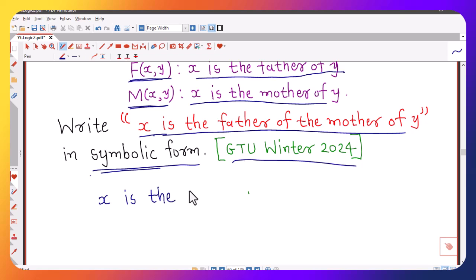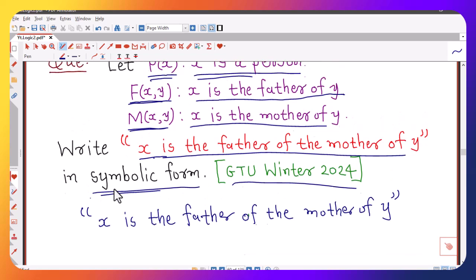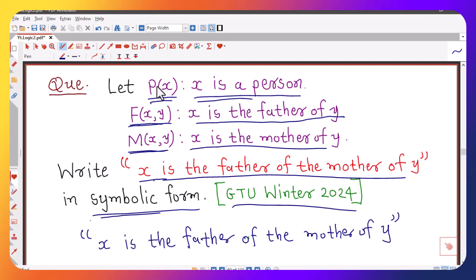We are given that x is the father of the mother of y. We have to write this statement in symbolic form using these statement functions.